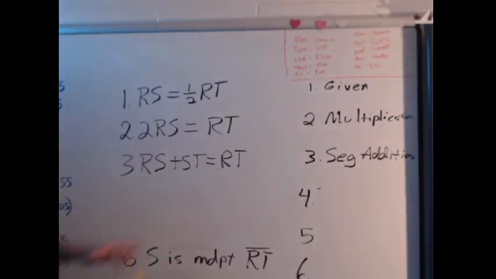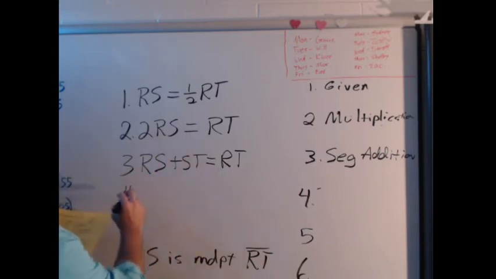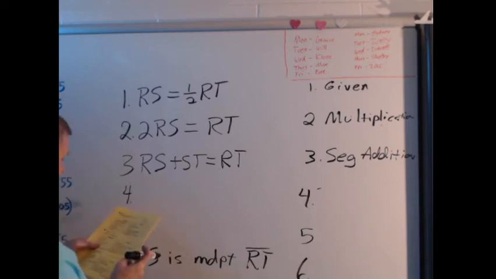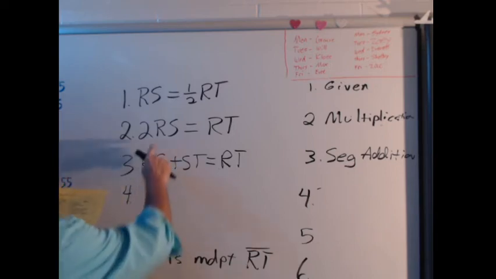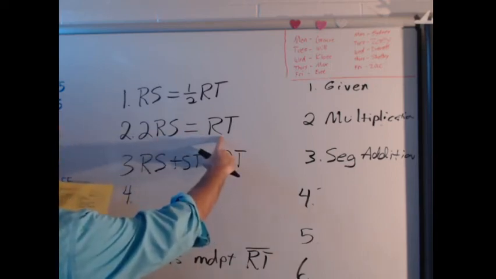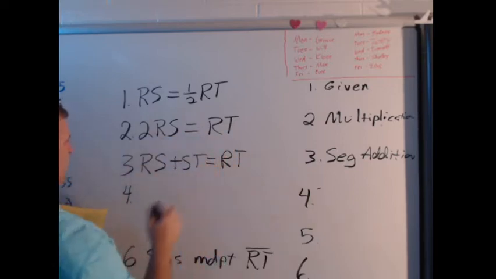Okay, but also when I see these two, I know that we're going to eventually somehow bring this back in. And we do in step 4. Now, if 2RS is equal to RT, then I can plug this into here.